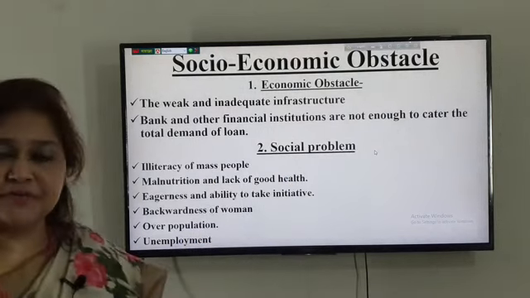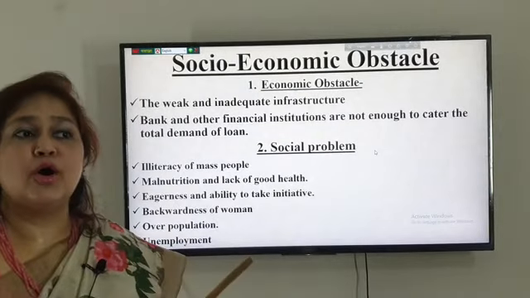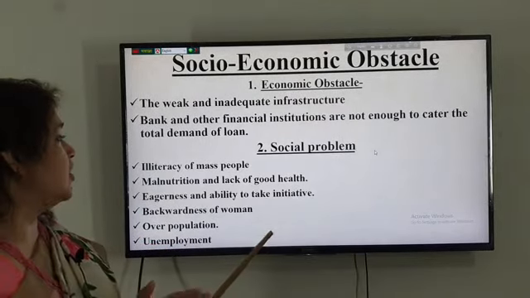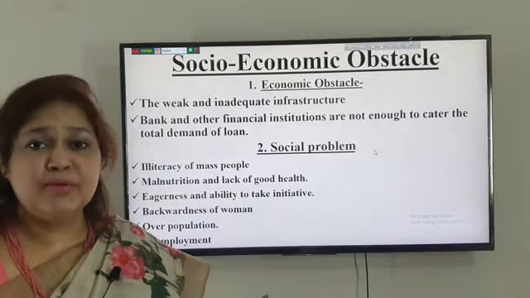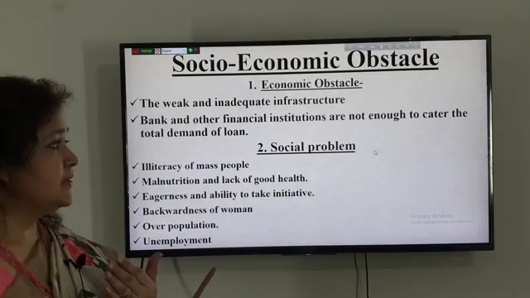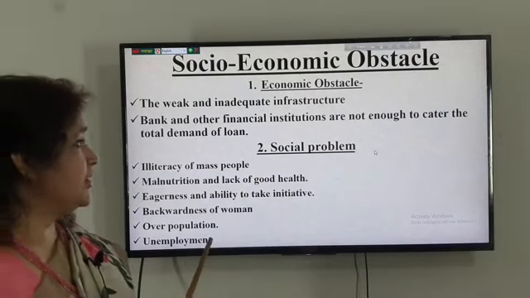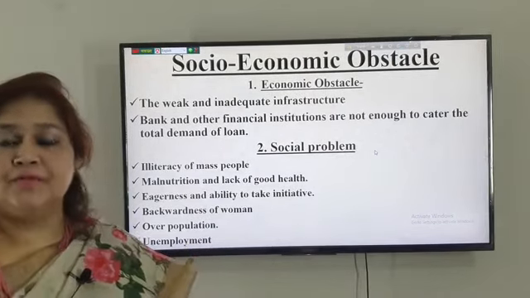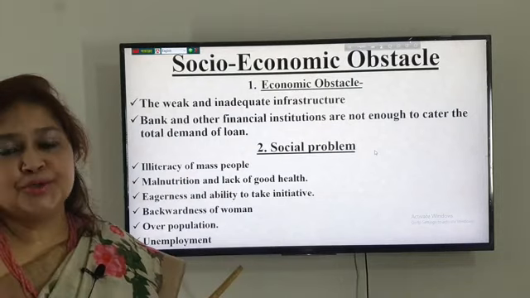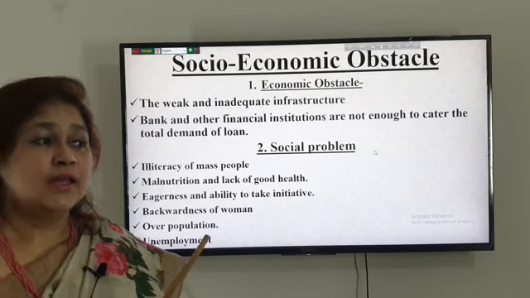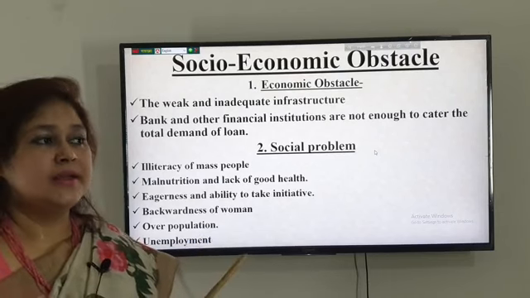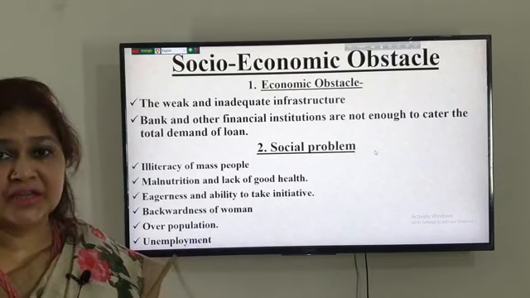I mean, we do not have sufficient financial institutions, and they are not able to provide sufficient loan or financial support to the entrepreneur, and for this they lose their eagerness for establishing industry in our country.